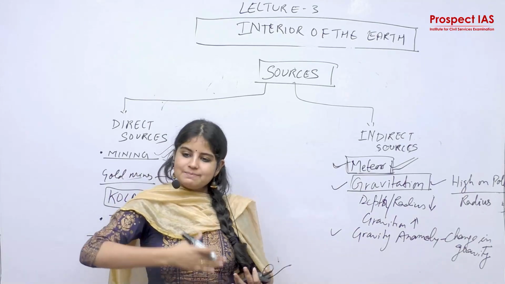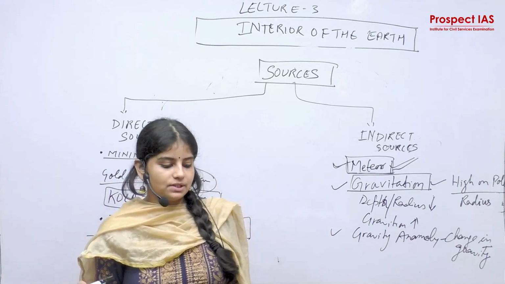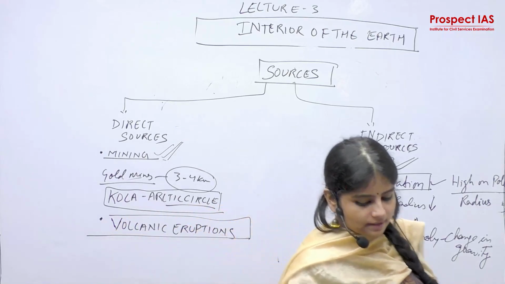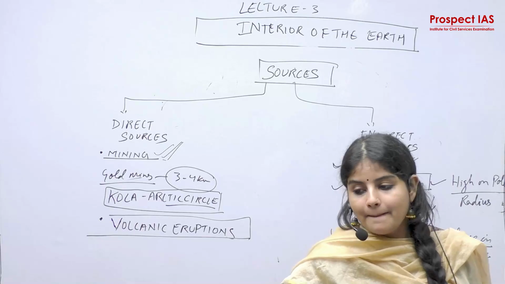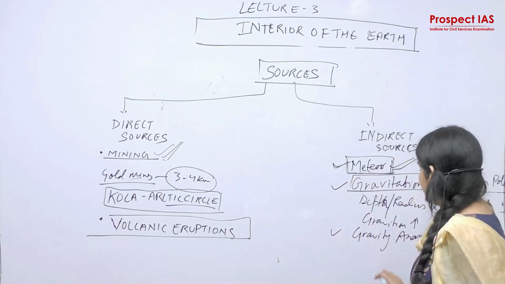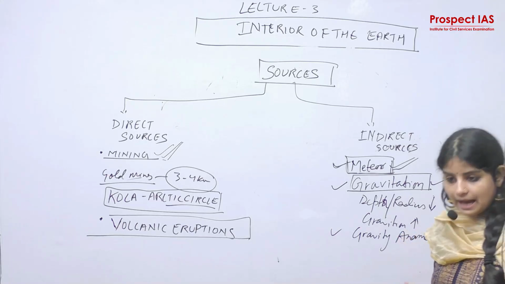No, it is changing from time to time. That's why I had given you a mains question that discuss the magnetism and the change in magnetic field of the earth. How? Because at the primordial state, the gravitational pull and the magnetism was very high.